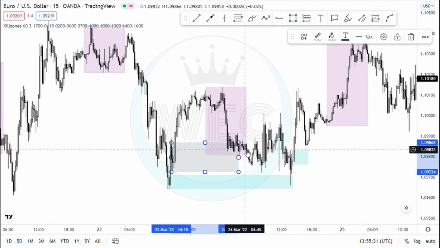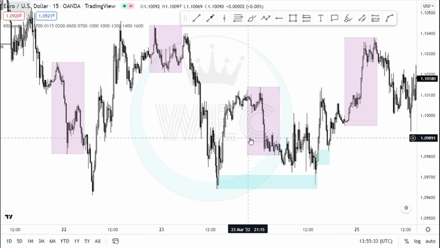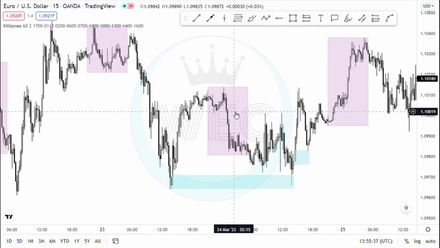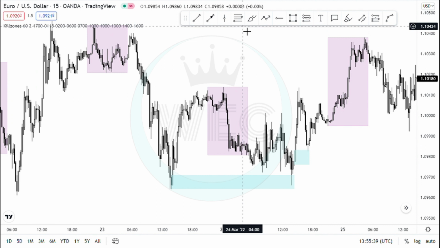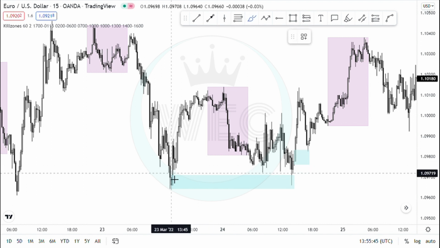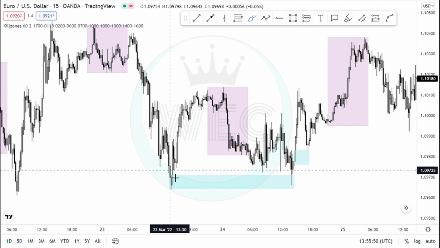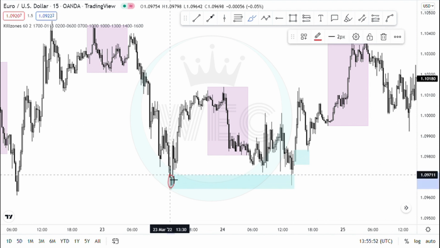So that is why that order block failed. So I just take it out, and let's concentrate on this one where price reacted off, right? First of all, you need to make sure that the candle that you are choosing as an order block is engulfed. If you look at this candle, we can see that the next candle that came after our bearish candle, which we are looking at as our order block, had its bodies closing above the wicks, right? So it meets the first criteria.